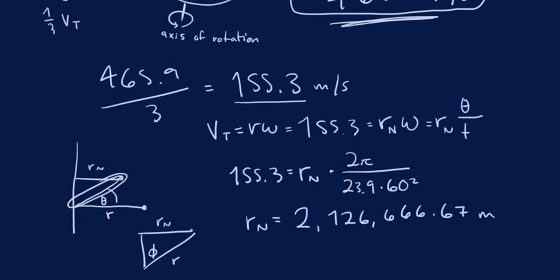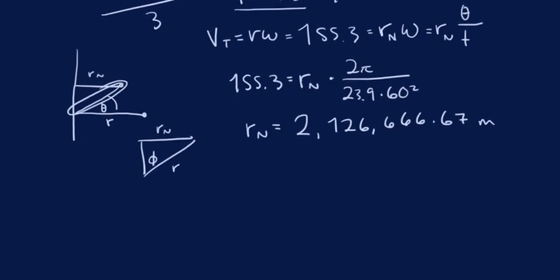Okay. So now what we want to do, we want to find phi, which is complementary to theta, the angle measure that we're trying to find.